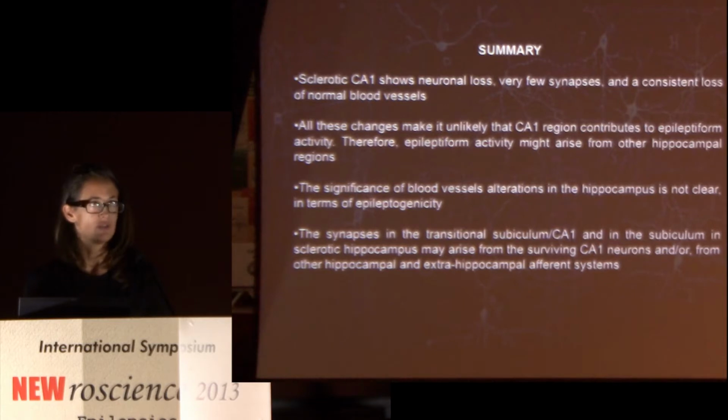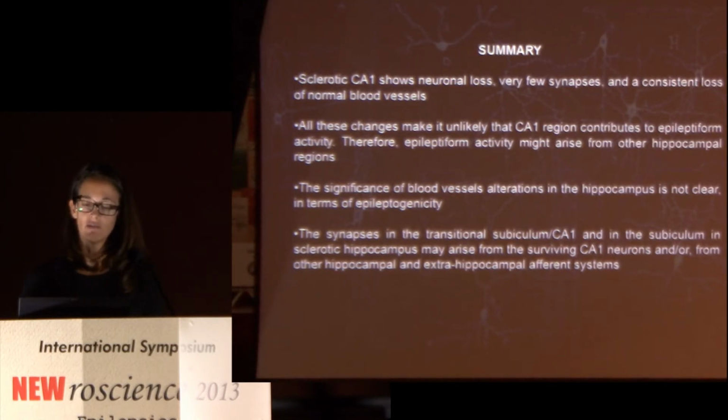As a summary of both parts of my talk, the sclerotic CA1 shows neuronal loss, very few synapses, and a consistent loss of normal blood vessels. All these changes make it unlikely that the CA1 region contributes to epileptiform activity. Therefore, epileptiform activity might arise from other hippocampal regions.